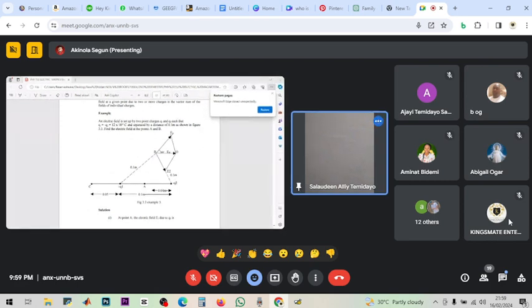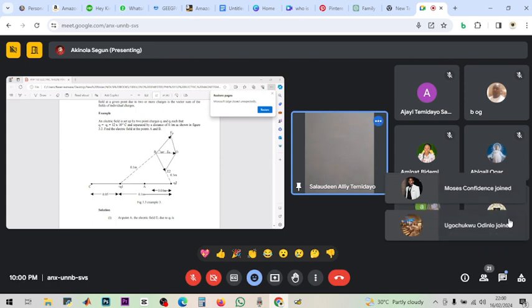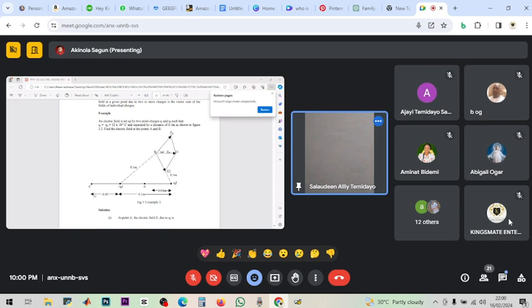An electric field is set up by two point charges Q1 and Q2 such that Q1 equals minus Q2 equals 12 times 10 raised to the power of minus 9 coulombs and separated by a distance of 0.1 meters as shown in figure 3.3. Find the electric field at point A and point B. This is point A, this is point B.